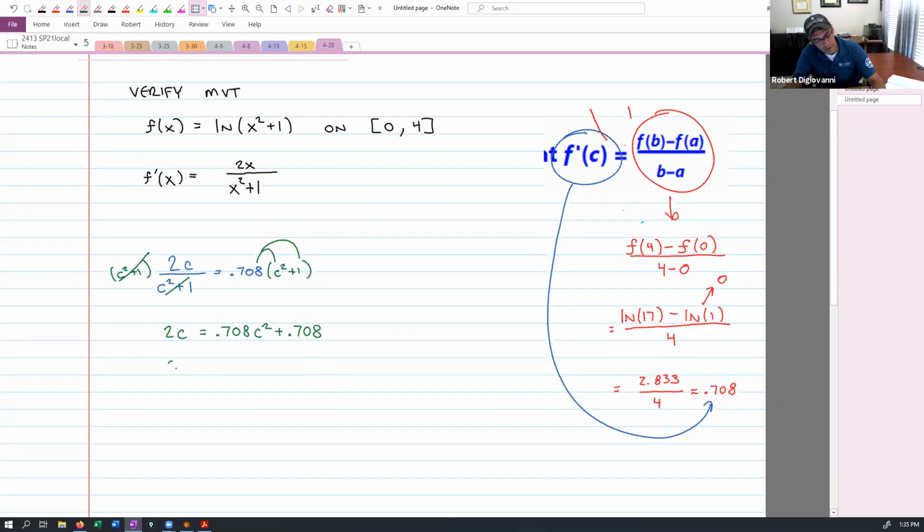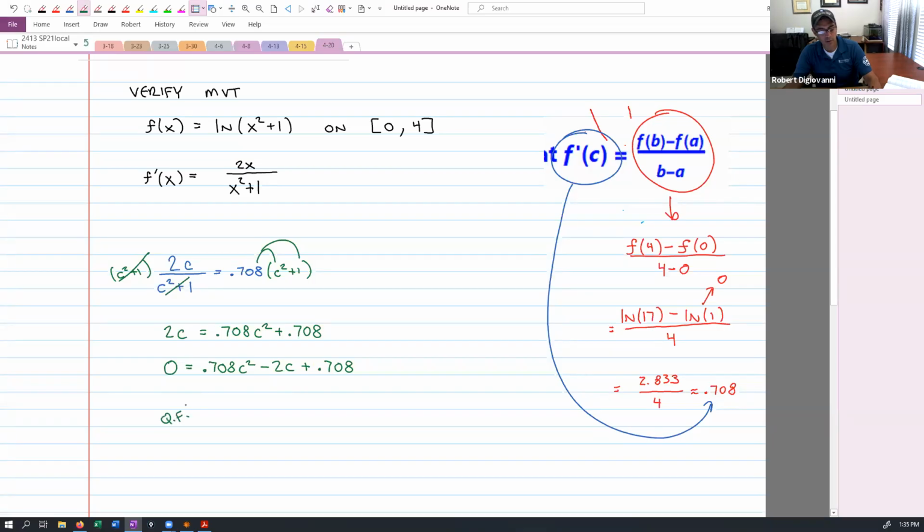And then I'd move everything to one side because again, we have a quadratic equation. I'd make sure I put it in descending order. That's highest power of c, and then just keep decreasing the powers. Everyone okay with that? Just bring 2c over so it becomes negative.